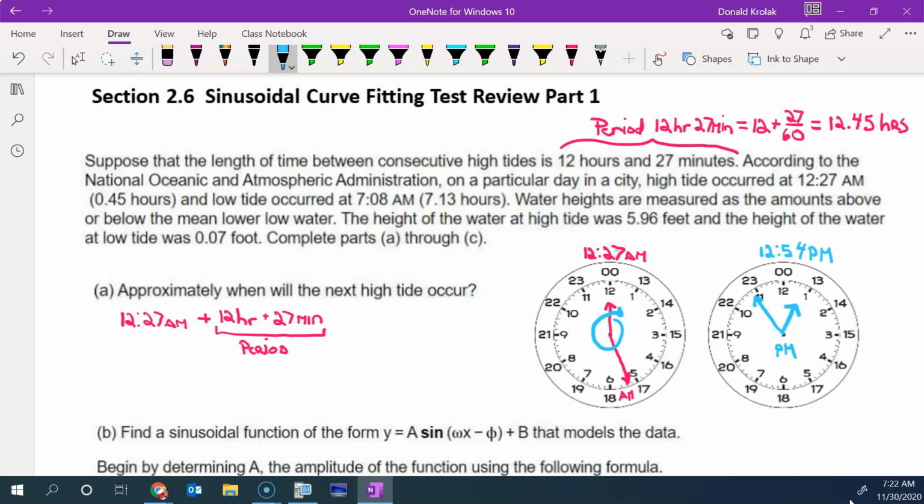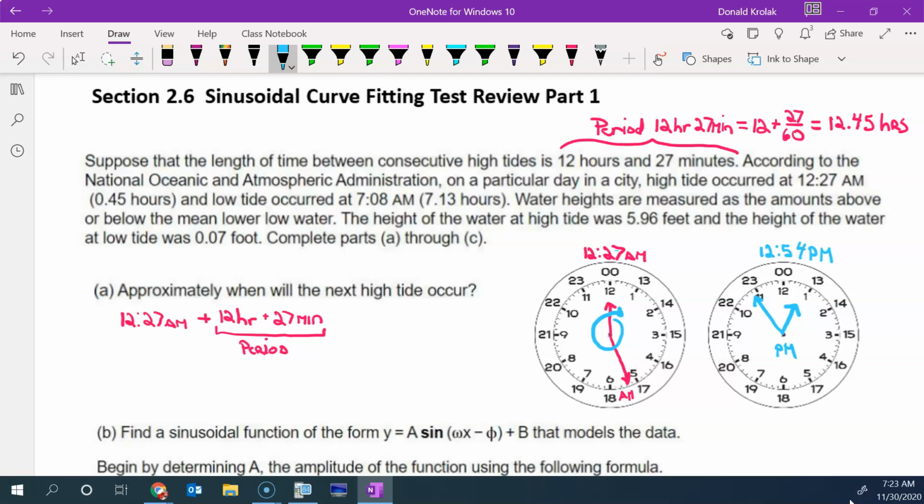All right, now, so on a particular day, we know that high tide's at 12:27. Okay. So right after it, it says 0.45 hours. This just means 0.45 hours after midnight. And then low tide occurred at 7:08, which if you converted that into a decimal would be 7.13 hours after midnight.